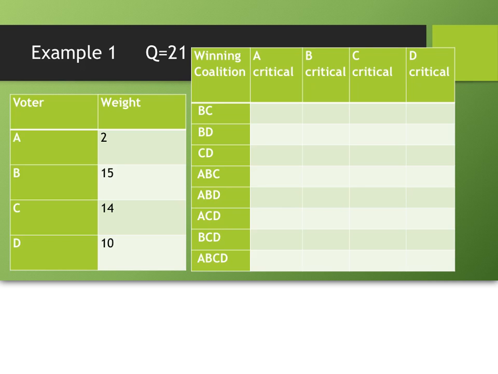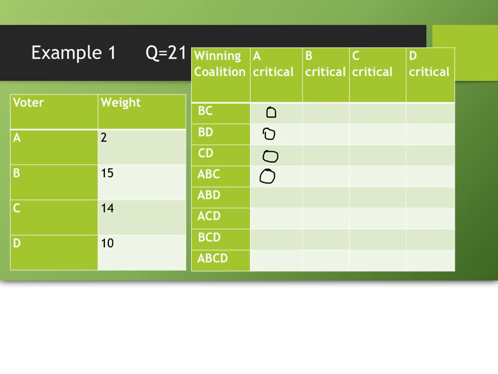But take a look at A, B, C. Is A critical there? Well, if I delete it, I'm left with BC. BC would have still won. So A is not critical there. So let me just fill in zeros every time A is not critical.